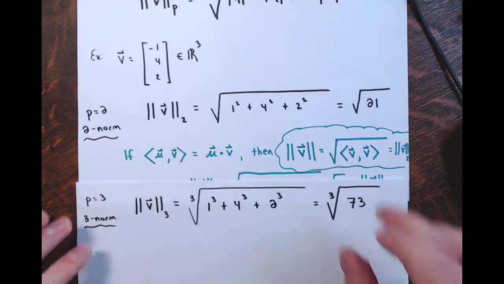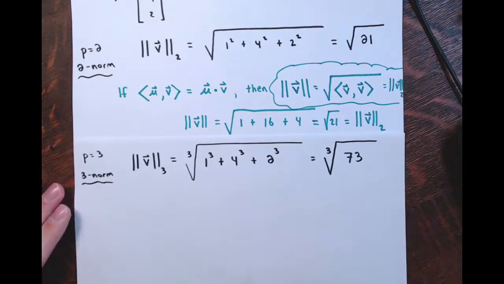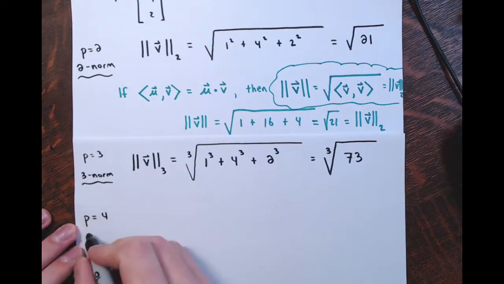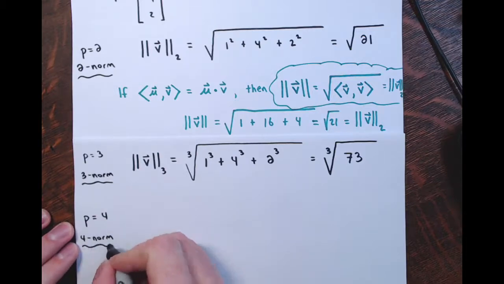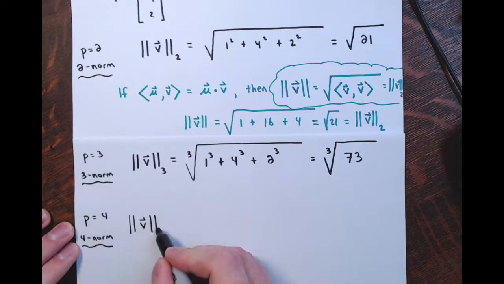Then I'll do one more example here, and then I'm going to go to a calculator and show you what happens as we raise the value of p higher and higher. What if we let p approach infinity? What would happen? How about p equals 4? Let's take a look at an example of a 4 norm. We have the norm of v with a subscript of 4.